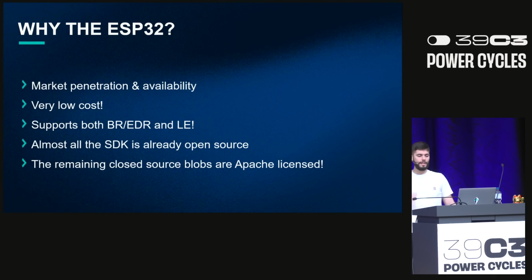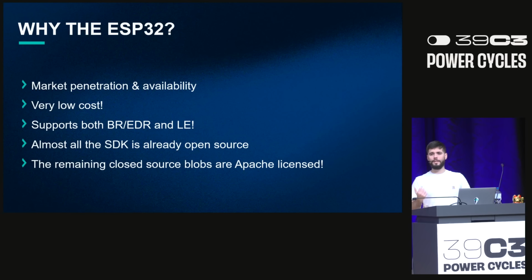When thinking about what hardware to do this on, we obviously had to look into the ESP32, because I think it's one of the most available chips out there. It's also one of the few microcontrollers you can find that can do both Bluetooth Classic and Bluetooth Low Energy.